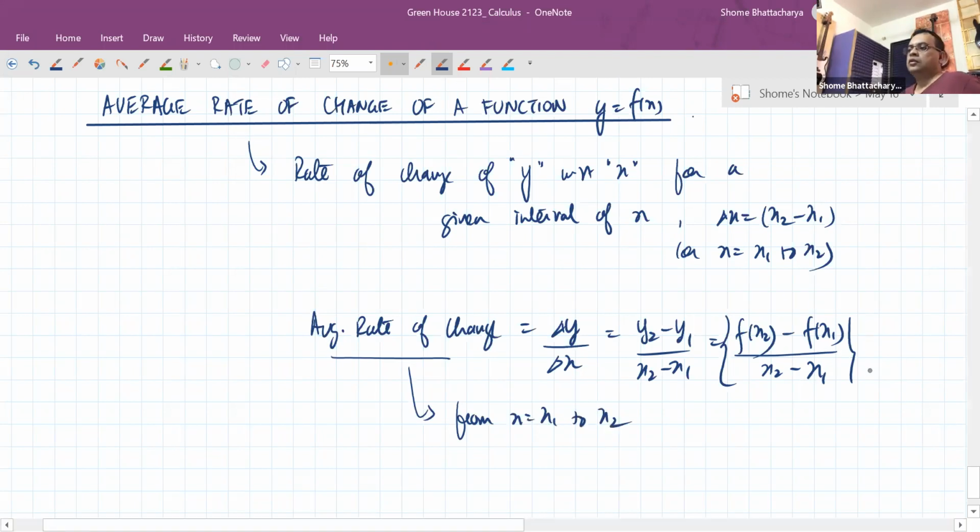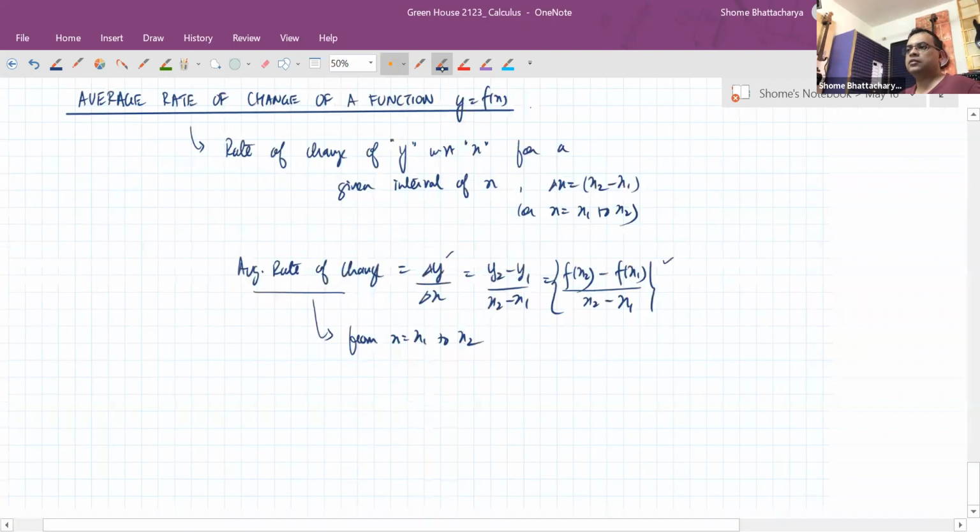Okay. This is the notation we'll use, delta y by delta x, and we calculate delta y by delta x by substituting y2 minus y1 as the value of the function at x2 minus the value of the function at x1, and dividing it by the change in x, that is x2 minus x1. So let's understand this with a quick example.